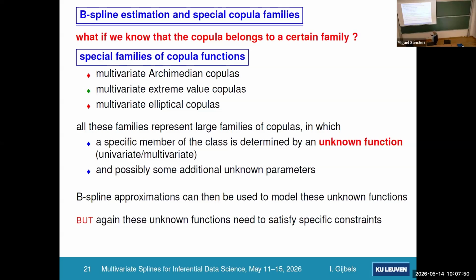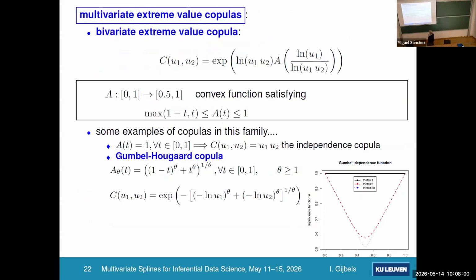For this talk, I'll just go to the second class, just to give you an idea of how things are done. Now, multivariate extreme value copulas, and maybe I'll just stick to the bivariate case. It looks like this, with a function A, which is defined on the unit interval and takes values between 0.5 and 1, which is convex, and which is such that A(t) is bounded by 1 and bounded below by the maximum of 1 minus t and t.